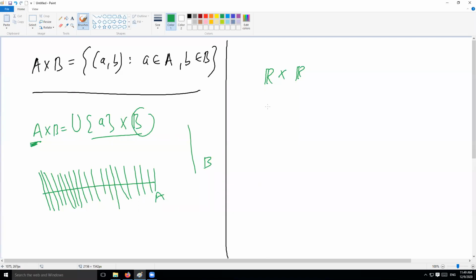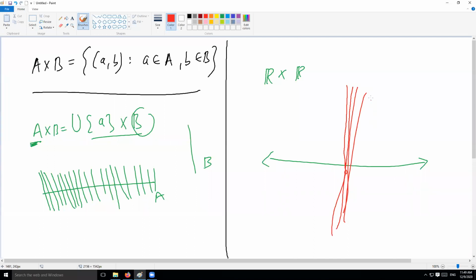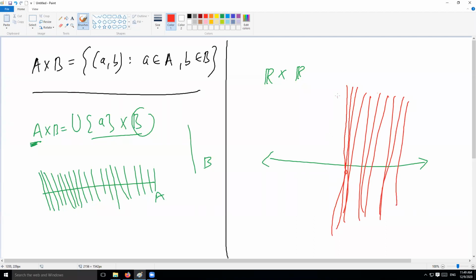So what would be R cross R? Think about it. I have R and I'm taking its cross product with R. It means to every point in R, say this is 0, attach an R, maybe a vertical R. To every point of R, attach an R. Imagine that I'm leaving no gaps.